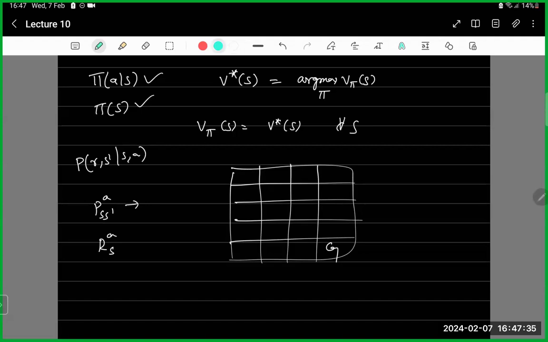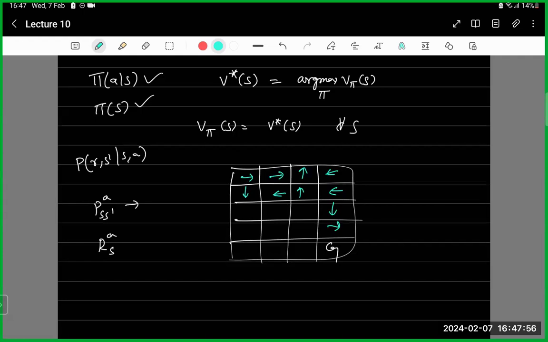So if I put an arrow in every state, then the whole thing will specify one particular policy, because it's a mapping from state space to action space. So the action is modeled by an arrow here.